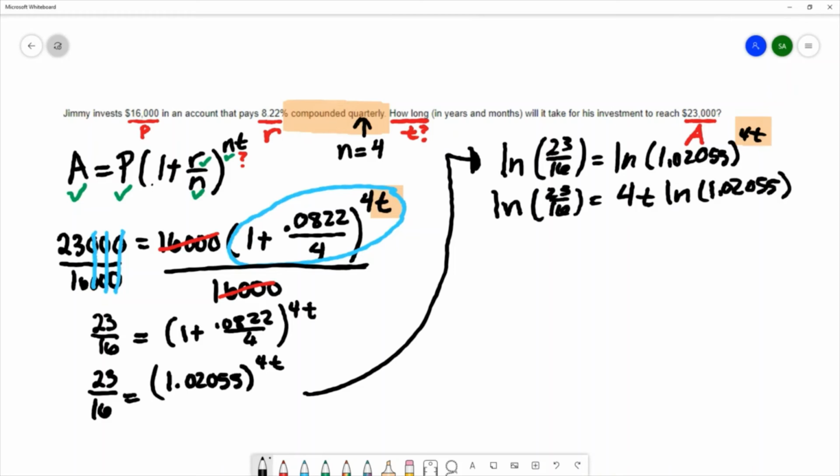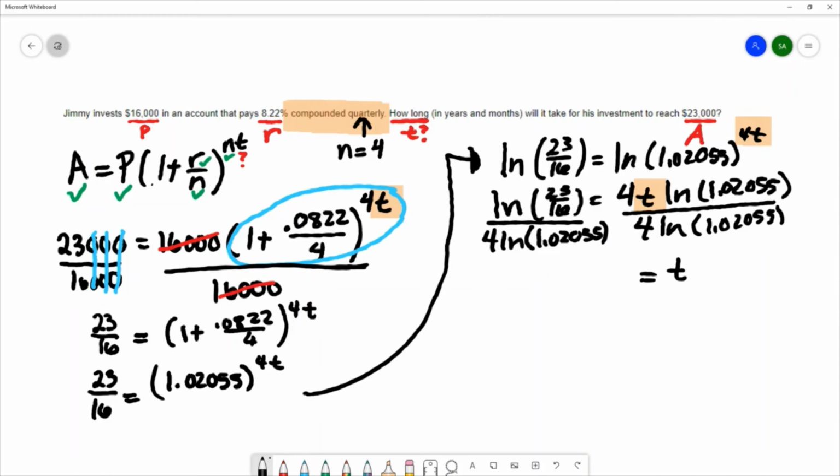Now I want to solve for t by dividing both sides by everything else. So I'm going to divide by 4 natural log of 1.02055. Do the same thing on the other side. So now I have an expression for t, that's natural log of 23 over 16 over 4 natural log of 1.02055.